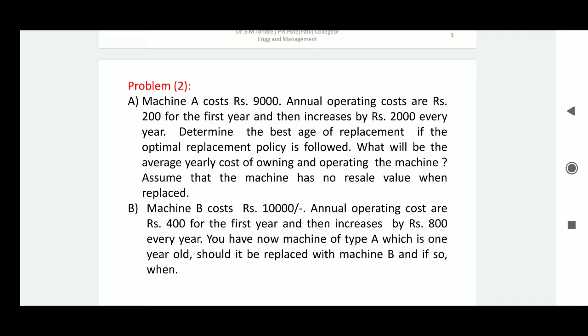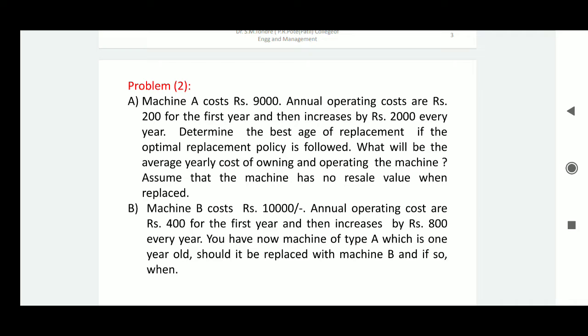And another question is that if machine B is profitable to purchase, then when should machine A be replaced? That is the question.